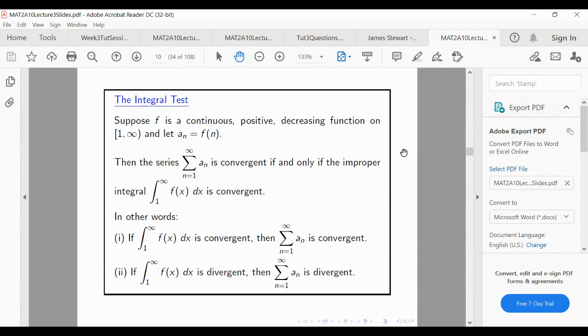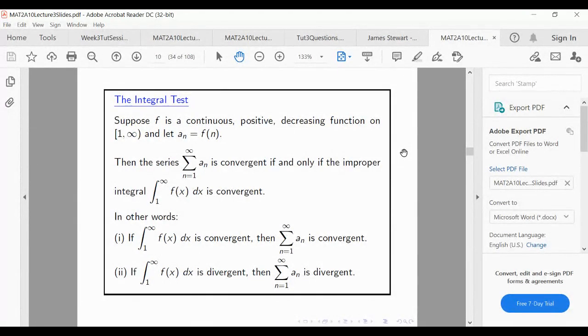Then the series, the sum from 1 to infinity of a_n, is convergent if and only if the improper integral, the integral from 1 to infinity of f(x), is convergent. If the integral is convergent, then the series is convergent. If the integral is divergent, then the series is divergent.